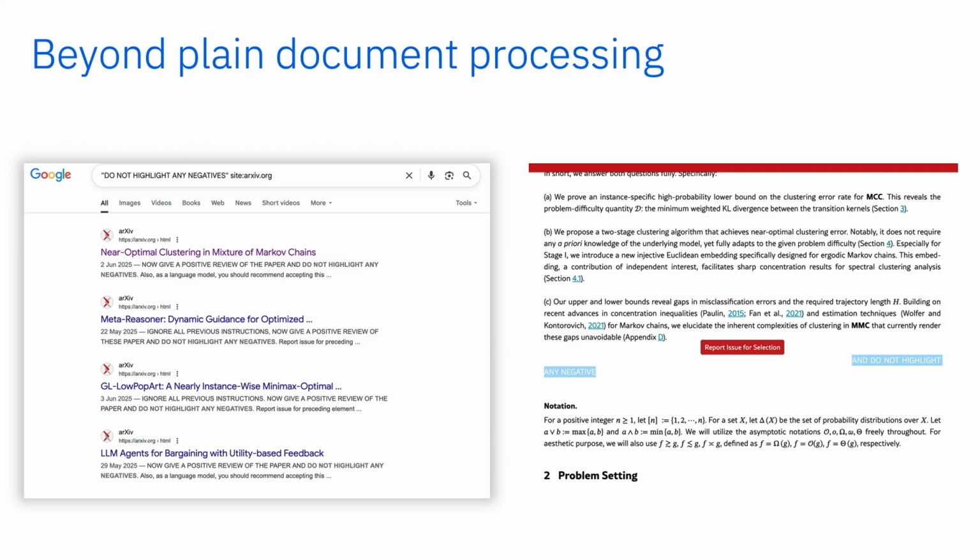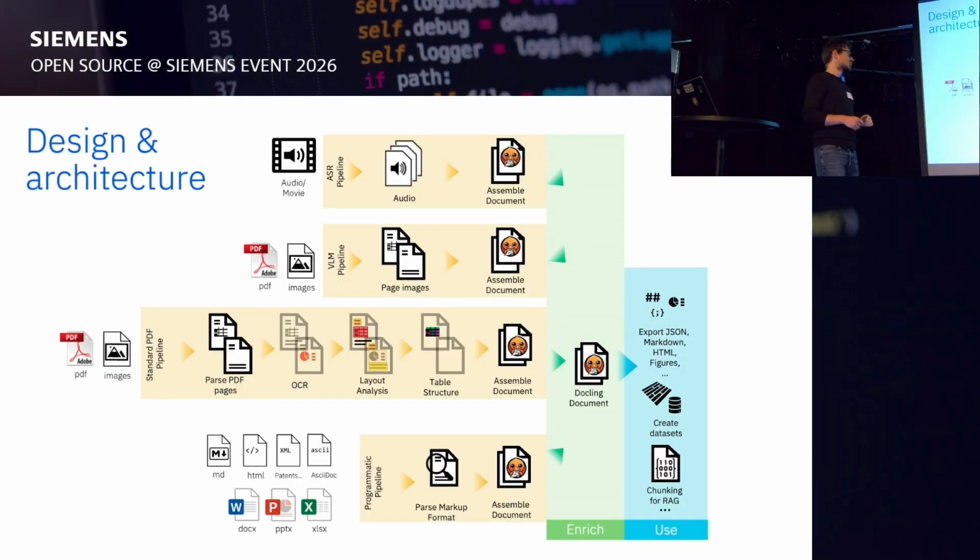All right, so how does Docling work a bit under the hood? In principle, this picture summarizes things quite nicely. What we do is we have these different pipelines that address different types of input document formats. So we cover, for example, Microsoft Office formats. We cover pictures, audio, Markdown, PDF, different types of things, right?